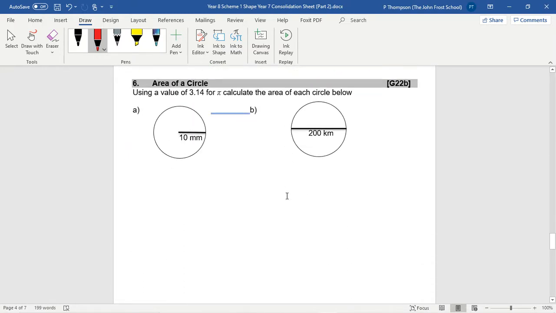Right, area of a circle. Remember the formula is pi times radius squared. Okay, so remember question A, this 10 here is the radius. Remember the radius is from the center to the edge. So this is the radius here, okay?